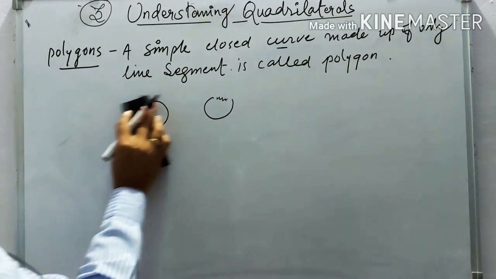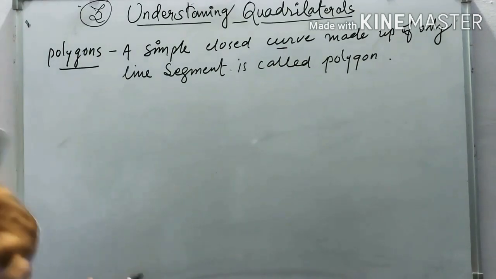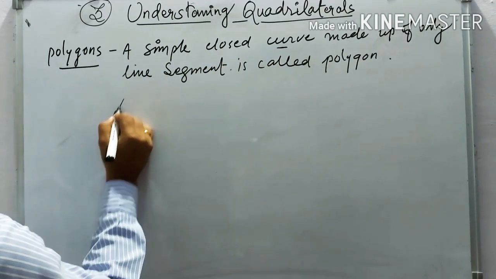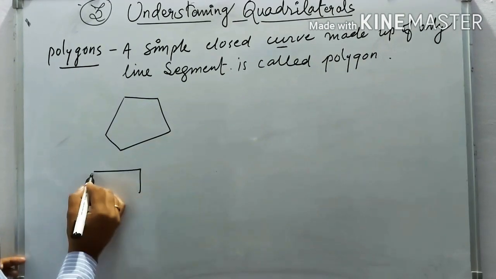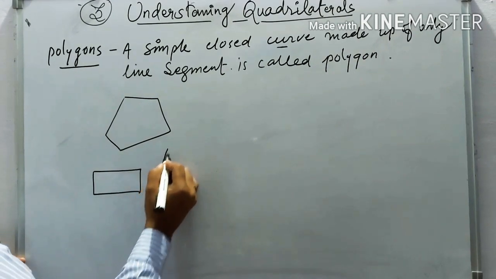And here the topic is polygon: a simple closed curve made by line segments. This diagram is a polygon.